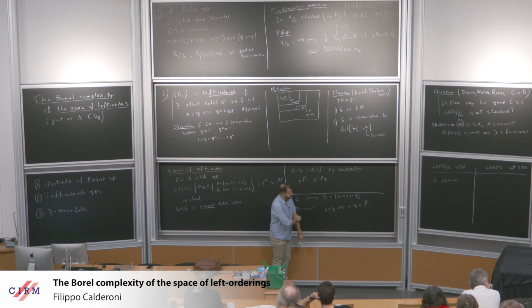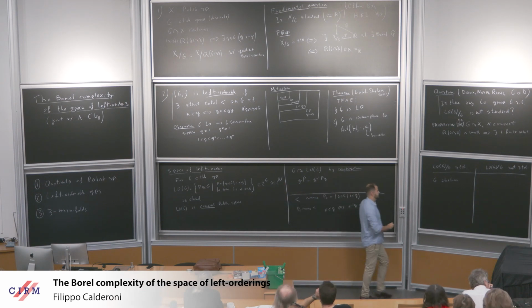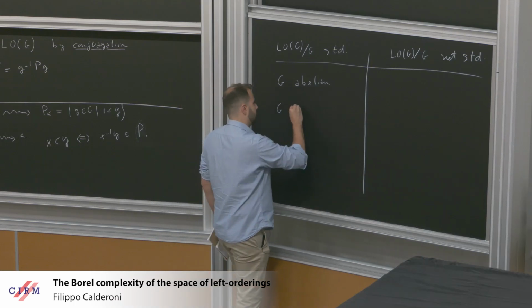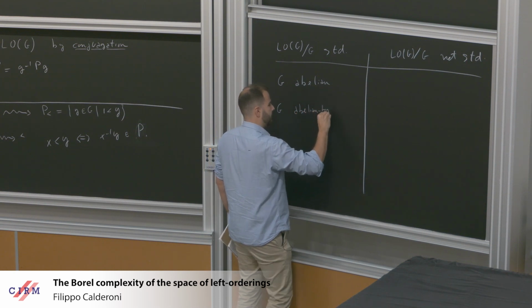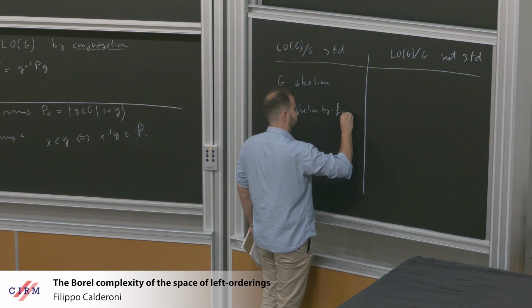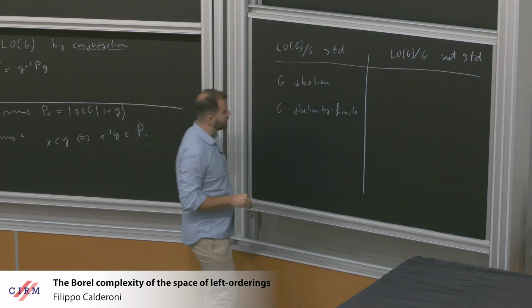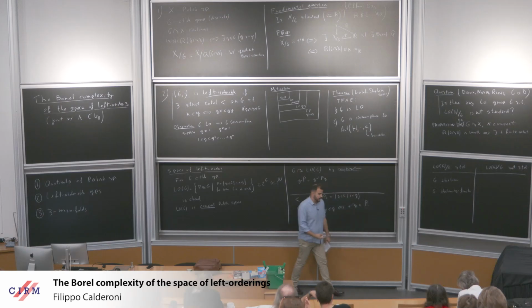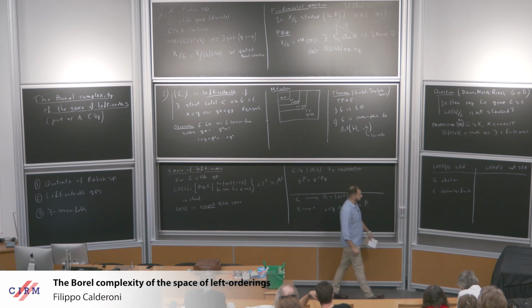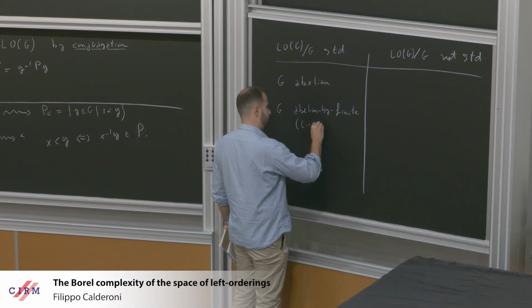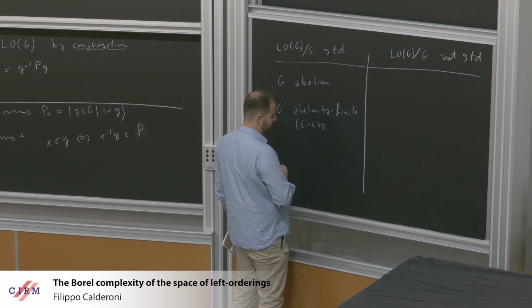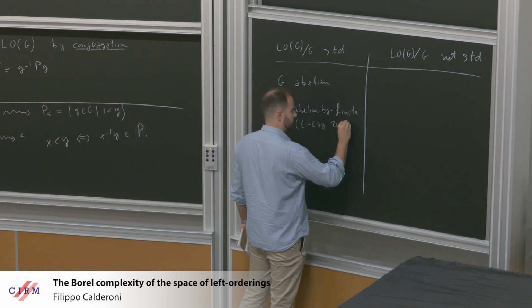We could prove something stronger than this. If G is abelian by finite, then we also have that the quotient space is standard. This is one of our most recent results, 2023.